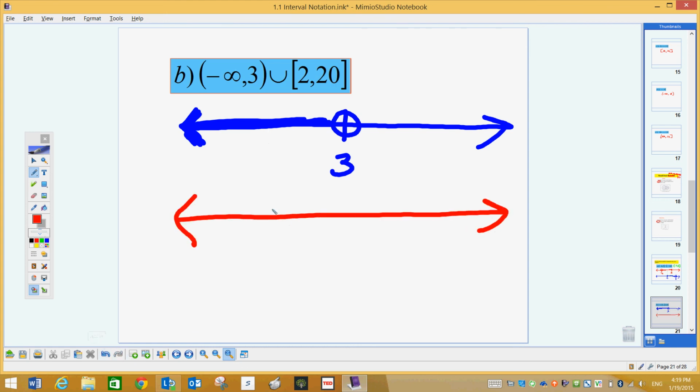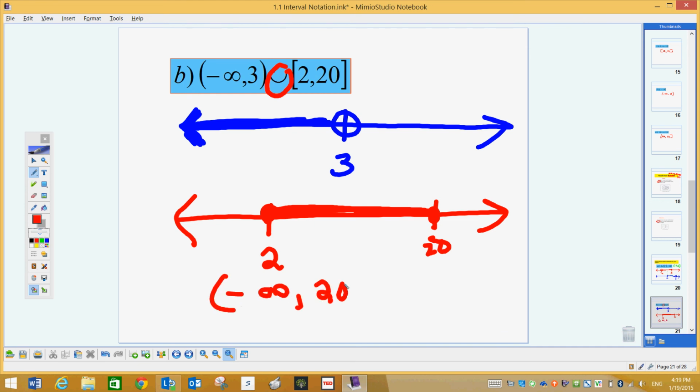I'm going from 2 with a square bracket all the way up to 20 with a square bracket and everything in between. And again, the notation union means we want to combine these two together. So if I was to slide these two number lines together, it would entail everything in the negative direction up to and including 20. And that would be my final answer.